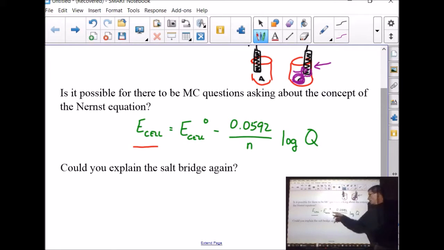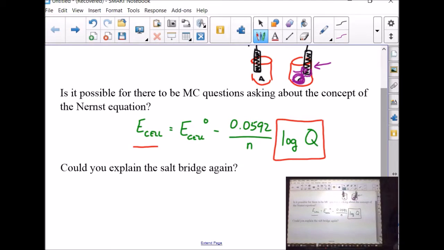Back here, before I jump to the other ones, this right here, log of Q, what does Q represent again? Products over reactants, and it deals with the same, this is our equilibrium Q. So when we're at standard conditions, what do standard conditions mean again for the solutions? 25 degrees Celsius, and what is it? 1 molar. So we have a 1 molar solution.